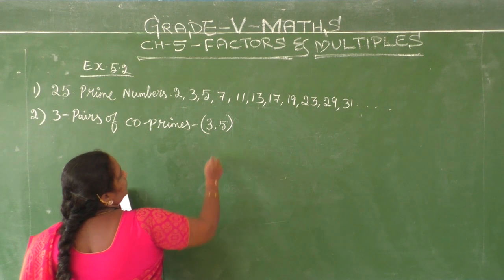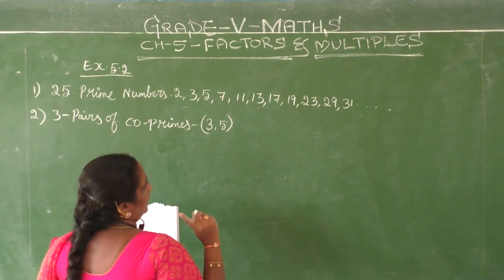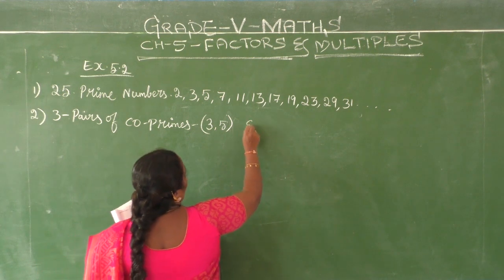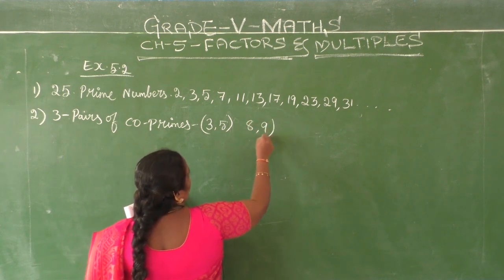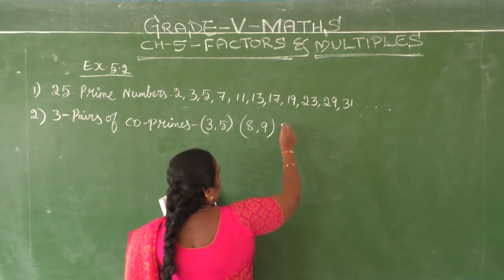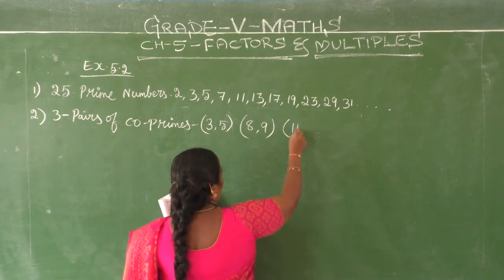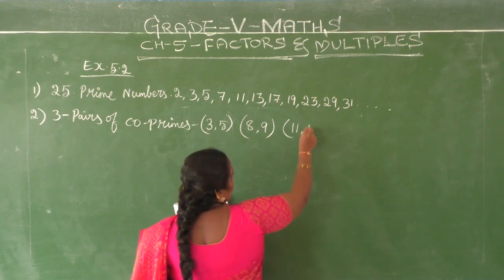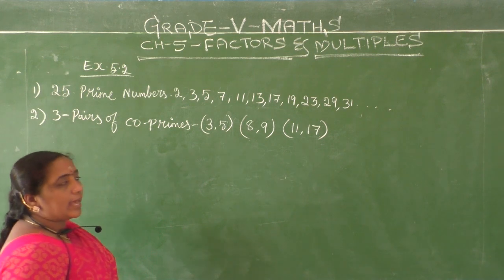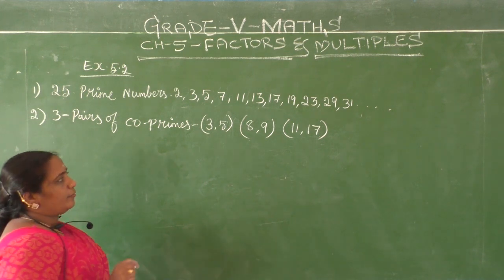See, these two numbers have only one common factor. Then the next set, already I gave you, 8 and 9. These two numbers also have only one common factor. Then the next, 11 and 17. These two numbers also have only one common factor.